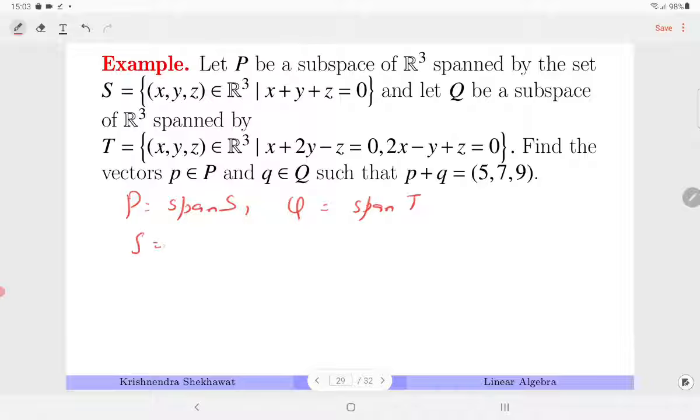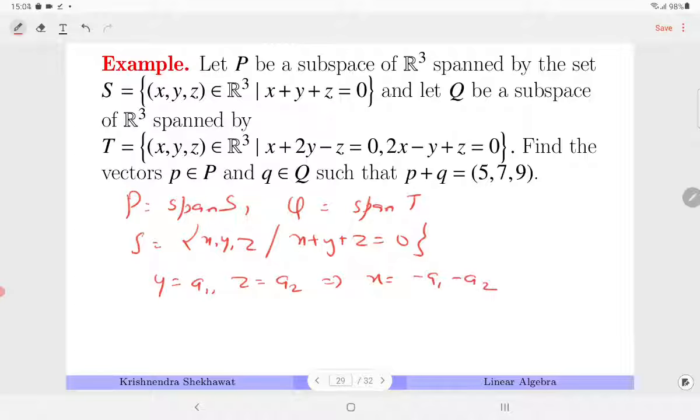Set S looks like all those (x, y, z) such that x plus y plus z is equal to 0. I can represent y is equal to a1, z is equal to a2, then x would become minus a1 minus a2.